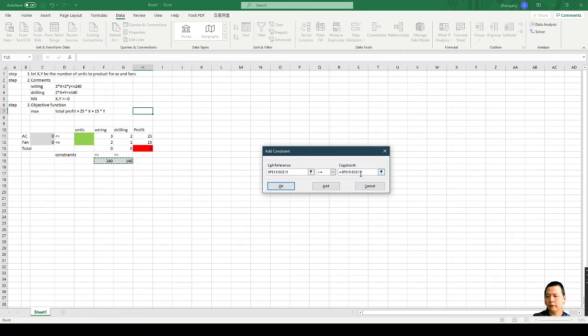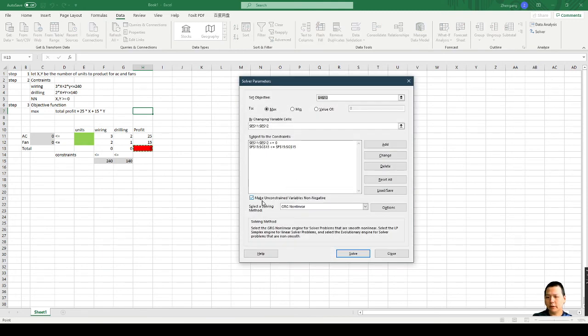So this is the first constraint. And the second constraint is that the units should be greater than or equal to 0. You can type 0, or you can choose these two. If you use 0, it's the same.